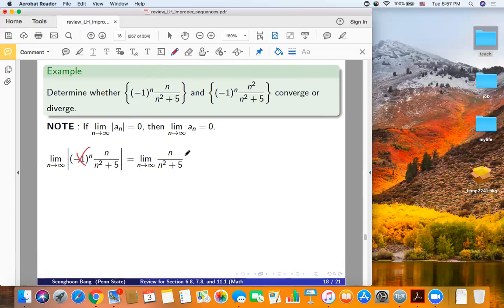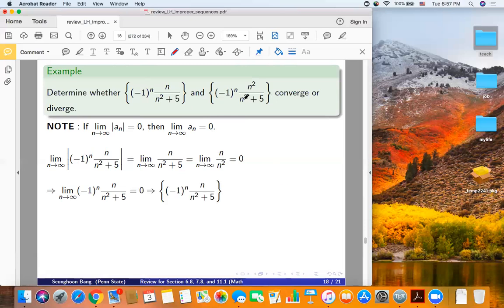Next, this is like the infinity over infinity form. You have to ignore the constant term. So we cross out, and 1 over n is going to 0. That's it. This is the answer: the sequence converges to 0.